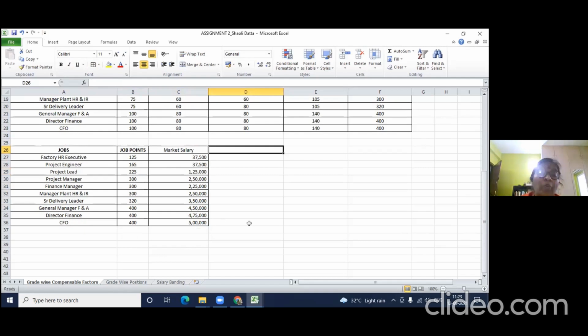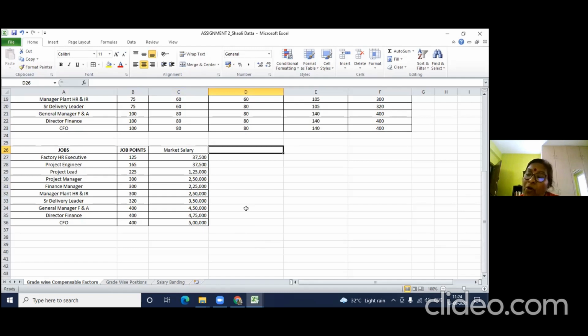But you have also evaluated your director finance also 400 points, which also showcases that all these 3 positions are almost critical and important for you. If you recall, in my first or second session, I gave an example: depending on what is very, very important, you will give them more salary. So say, for example, this is the market data.